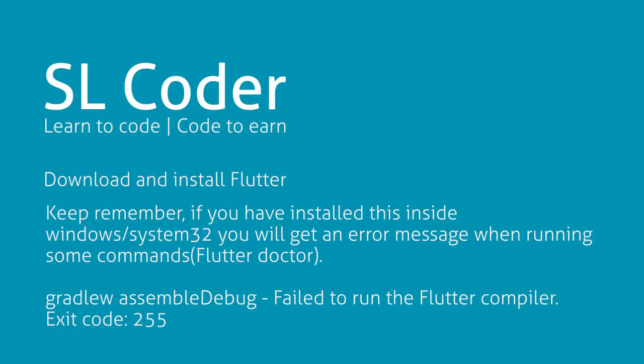I forgot to mention, guys, before doing this, choose the directory. I'm installing Flutter into my user account. Please keep in mind, if you install this inside Windows System32, you will get an error message saying Gradle assembleDebug failed to run the Flutter compiler when running some commands like flutter doctor.